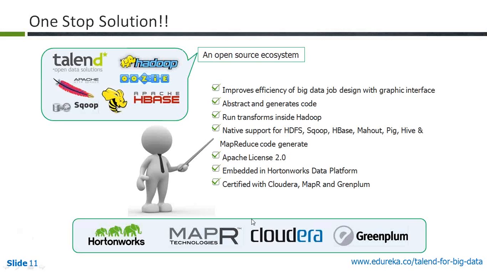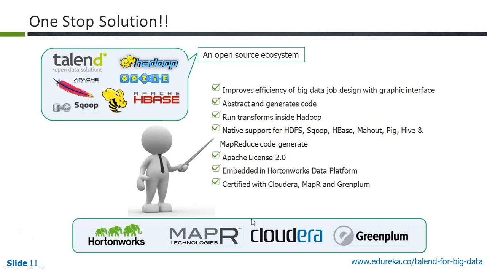Alright. Now why Talend along with this product makes such a unique combination, such an easy technology to learn and excel in big data: it improves the efficiency of big data job design. It really doesn't need you to do MapReduce programming. It abstracts that, and it generates the code on the back end. It runs the transformation inside Hadoop.